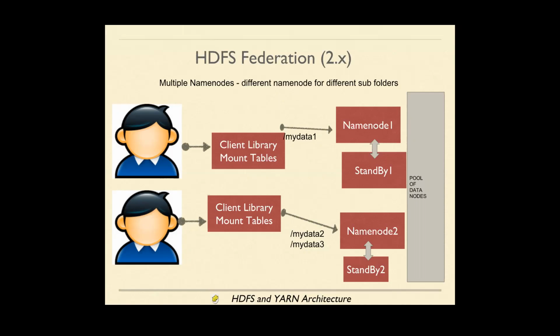That also means that in case metadata becomes too much, the name node's memory will overflow. Let me try to show you this part. If there are too many small files, the metadata memory will go really high.